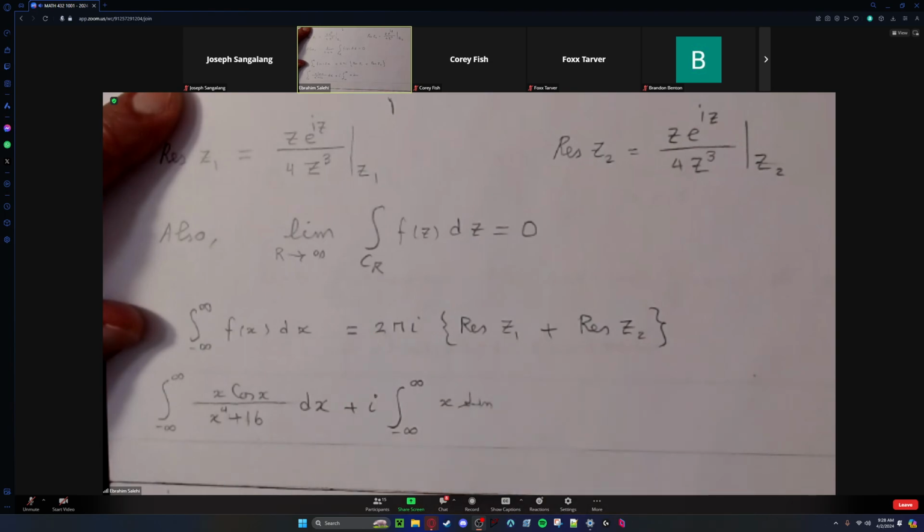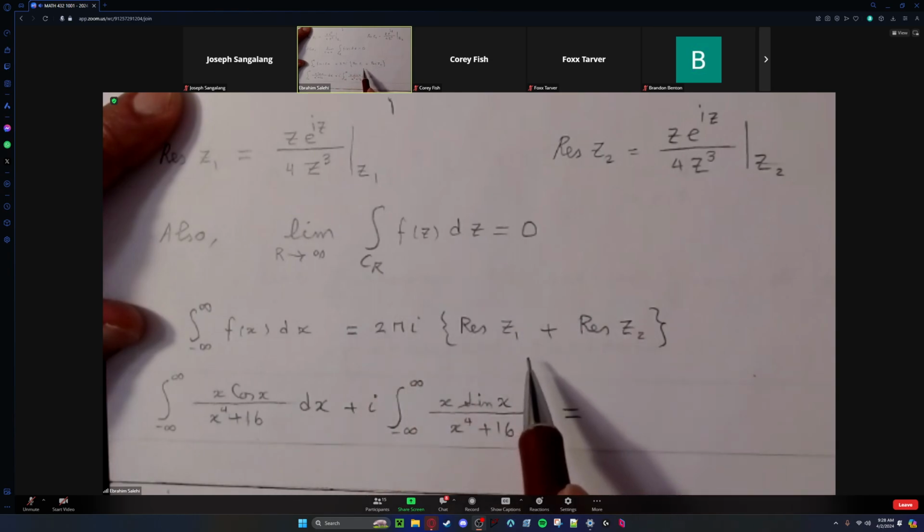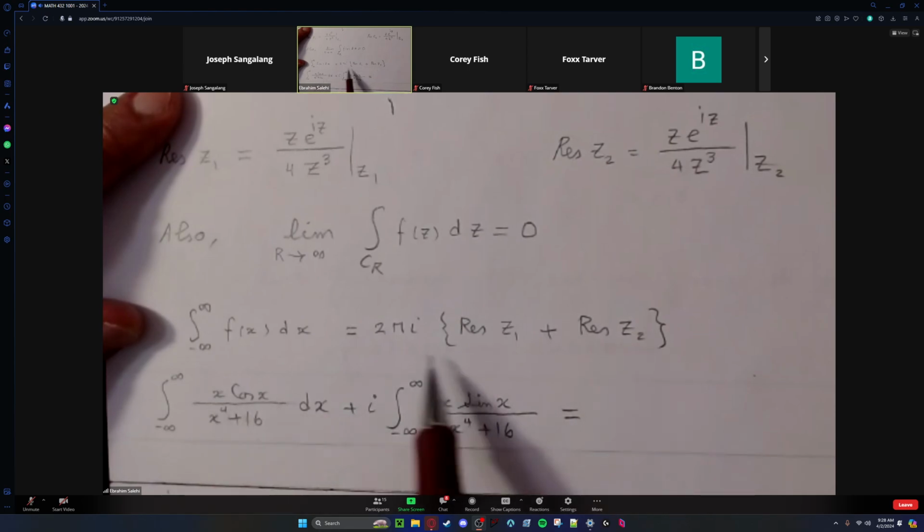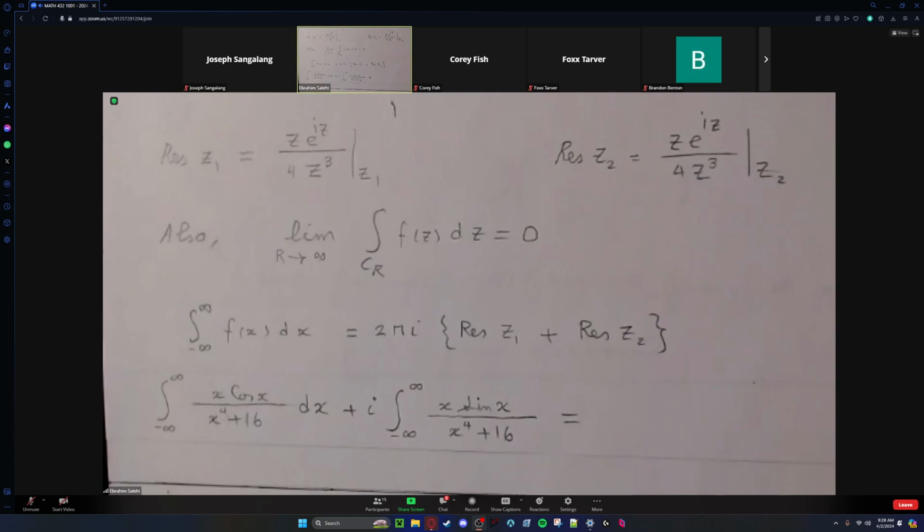So we get both of them, not just one, on the left-hand side, and that is whatever we have on the right. The real part will be equal to this, and the imaginary part of that will be this one. So in this process, we found the value of two integrals instead of one.